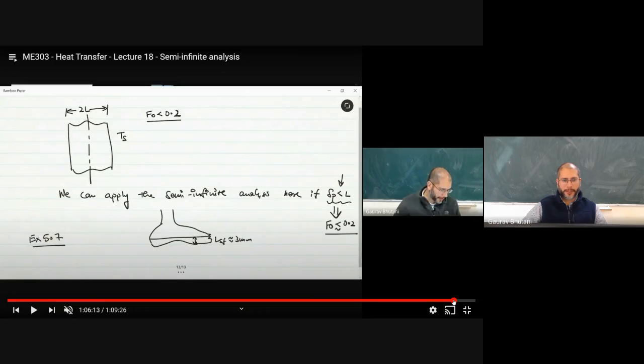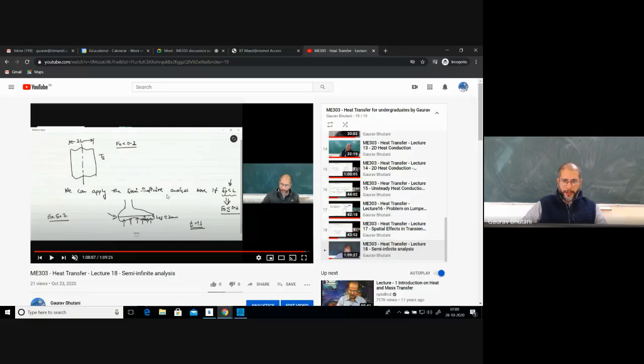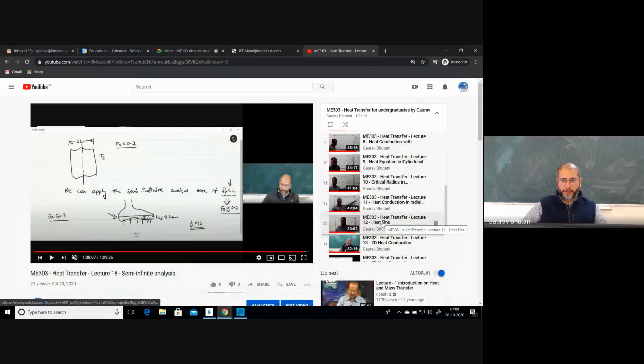And then I briefly discussed an example, but I didn't solve it, to again show that even for a smaller length, in this case 3 millimeters, we could use this analysis, because we're talking about very small Fourier number values here. So this was a very quick recap of the lectures after the first tutorial.